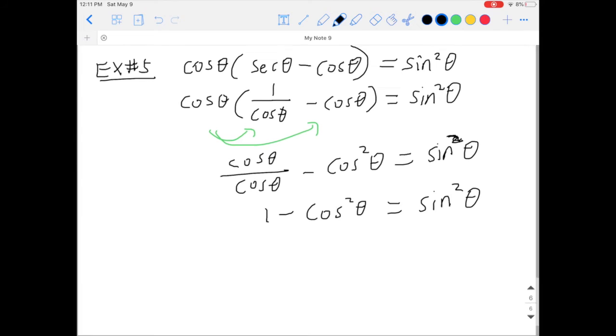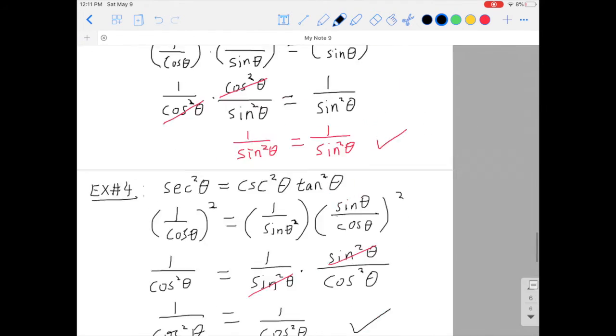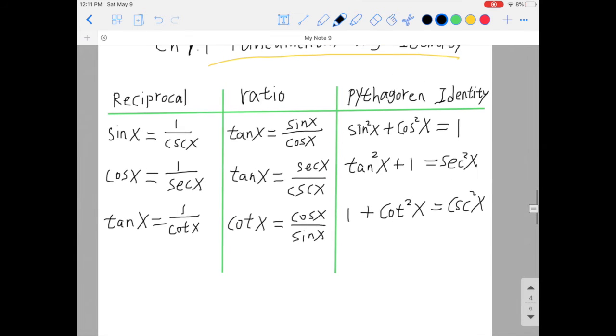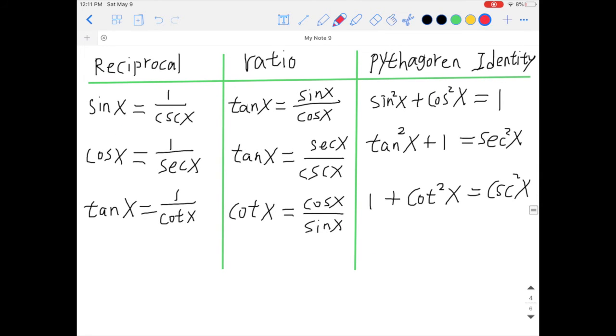If you remember what we started off with in the beginning, the formula for the Pythagorean identity is right here. So if sine squared plus cosine squared equals 1, then sine squared theta would be equal to 1 minus cosine squared theta. Oh, I used x here, so let me keep consistent with theta.